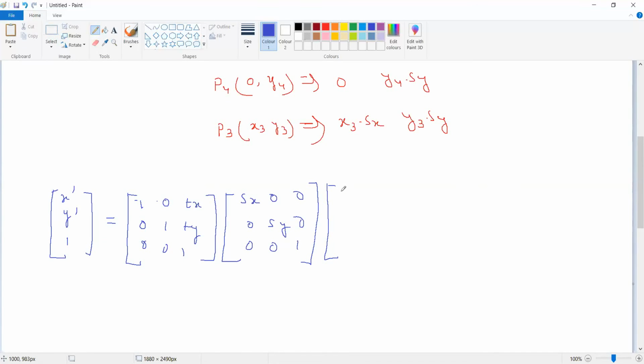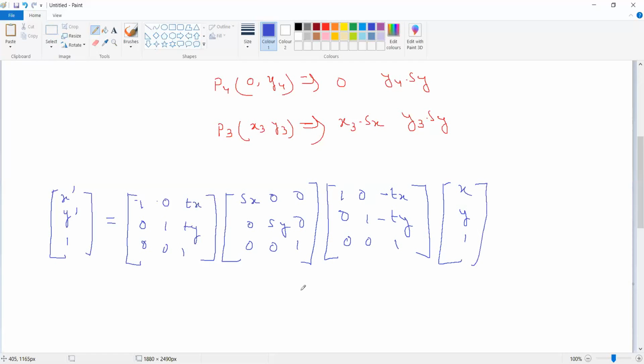So you write 1 0 minus tx, then 0 1 minus ty, and then 0 0 1. And then multiply everything with respect to the point (x, y, 1).